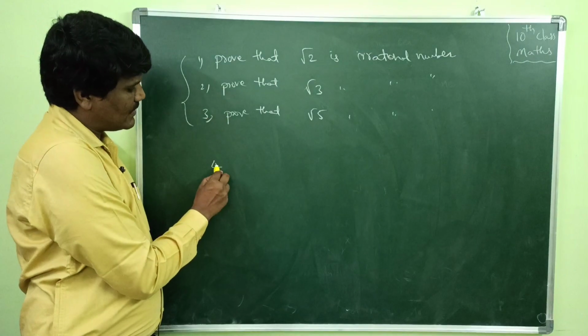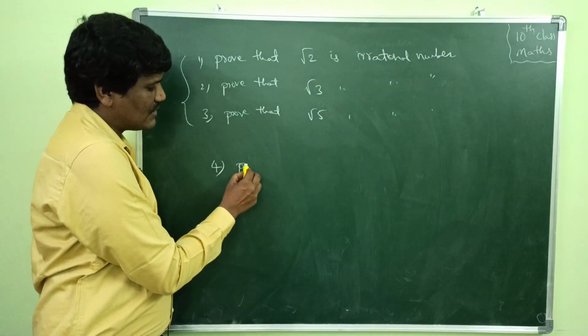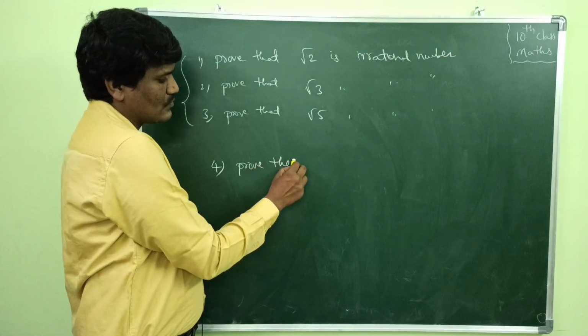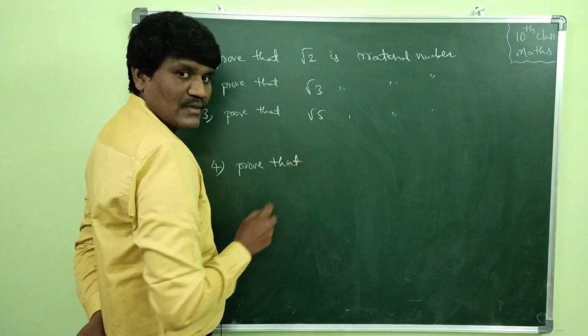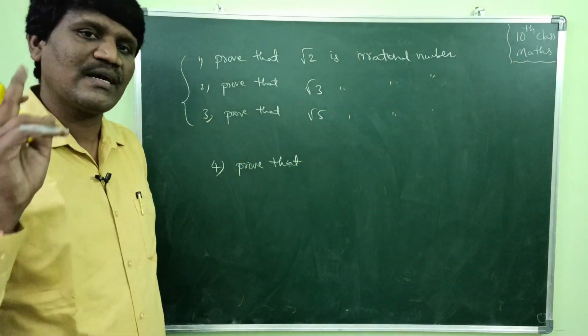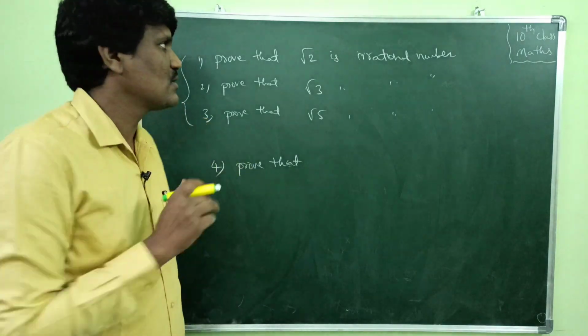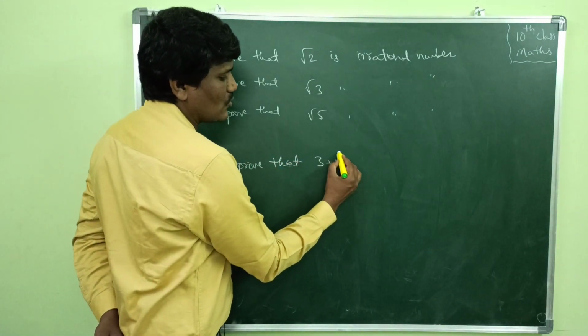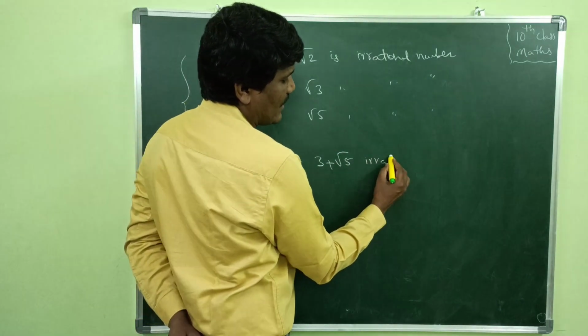The second set is where we have one rational number and one irrational number, like 3 plus root 5 is an irrational number.